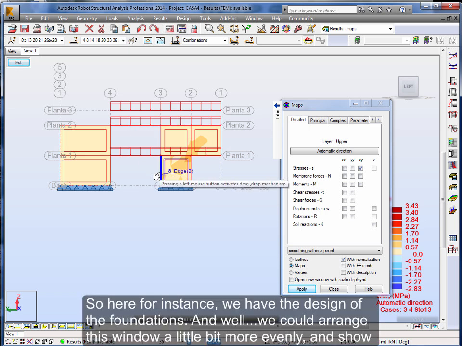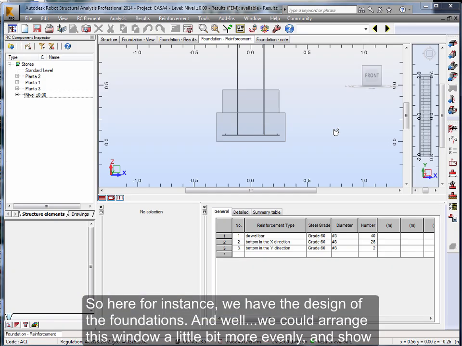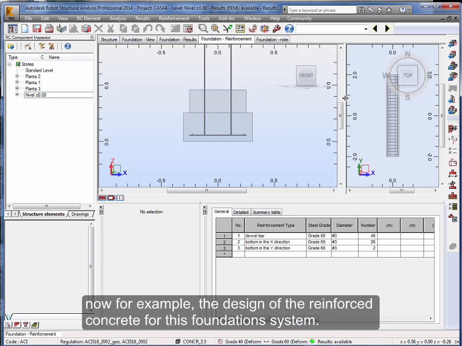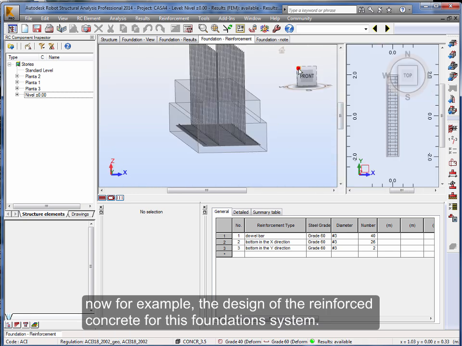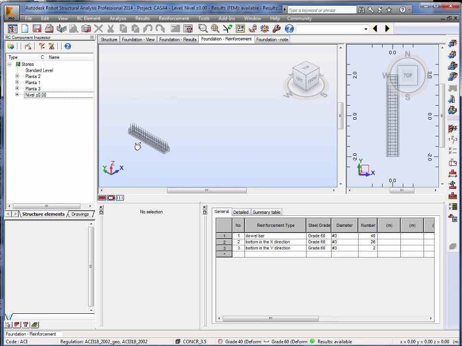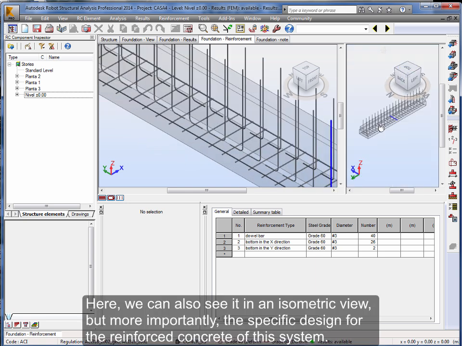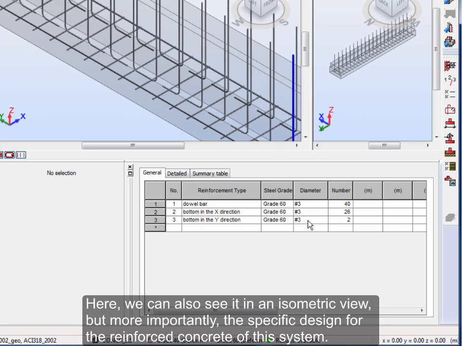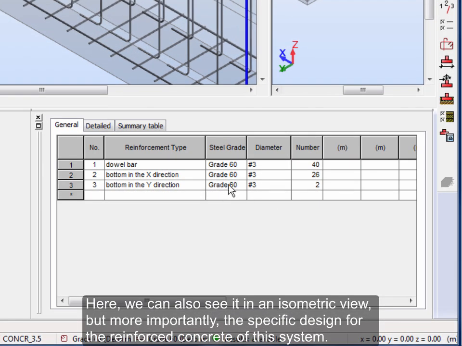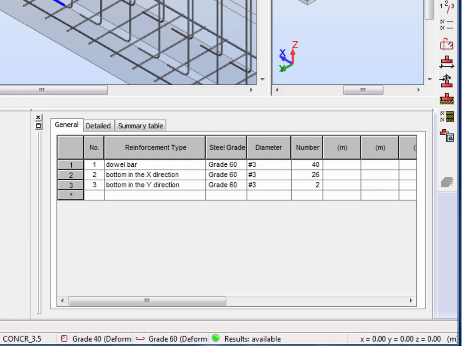So here for instance, we have the design of the foundations. And well, we could arrange this window a little bit more evenly, and show now, for example, the design of the reinforced concrete for this foundation system. Here, we can also see it in an isometric view. But more importantly, the specific design for the reinforced concrete of this system.